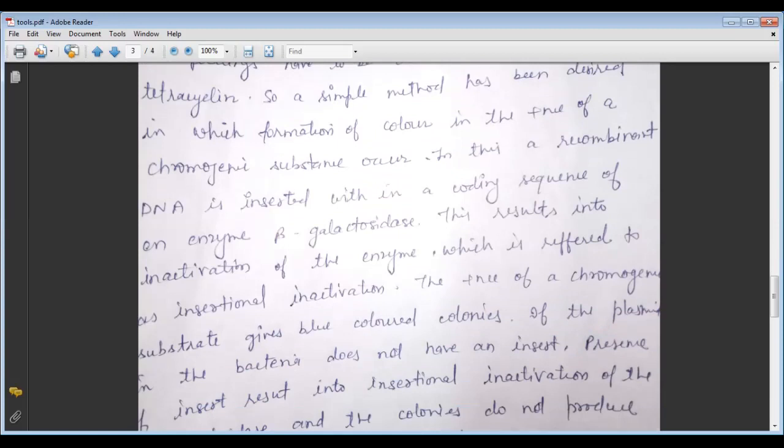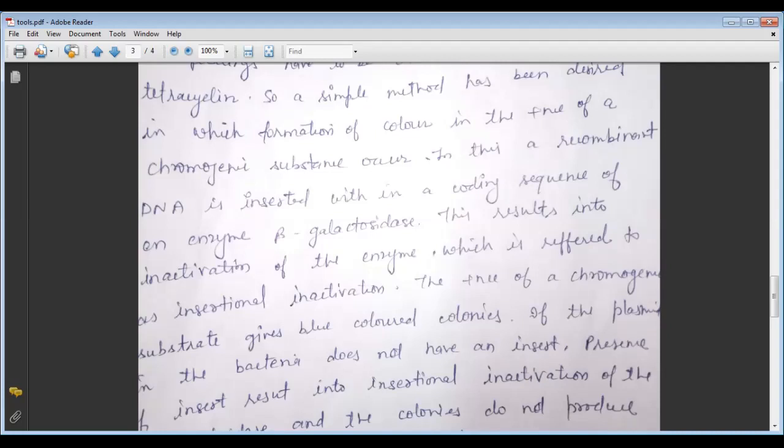In this, a recombinant DNA is inserted within the coding sequence of an enzyme, that is beta galactosidase. So this results in inactivation of the enzyme, which is referred to as insertional inactivation. The presence of the chromogenic substrate gives blue colored colonies.